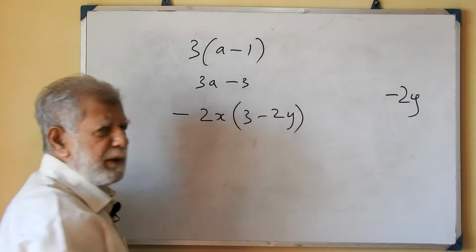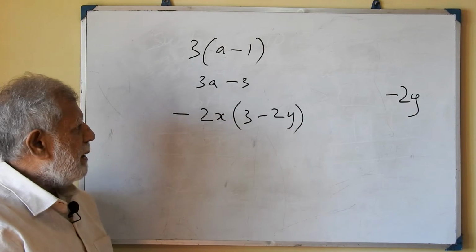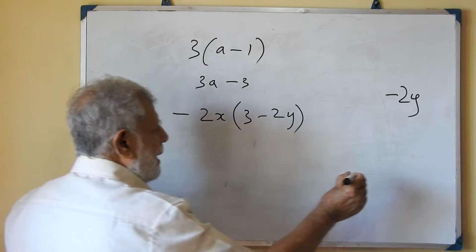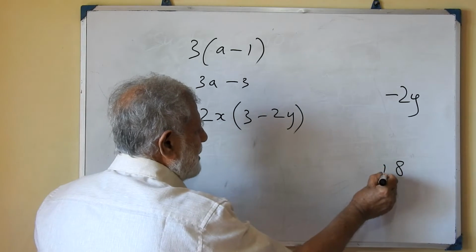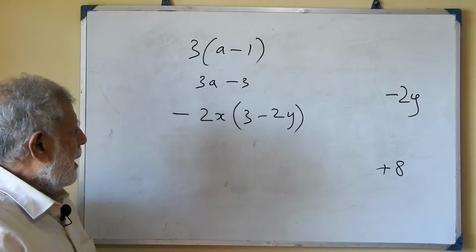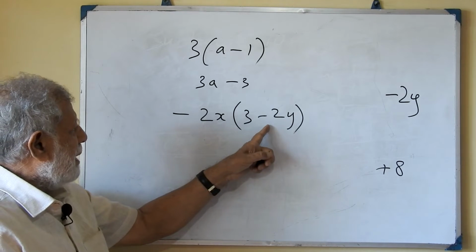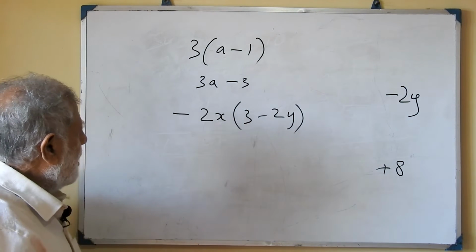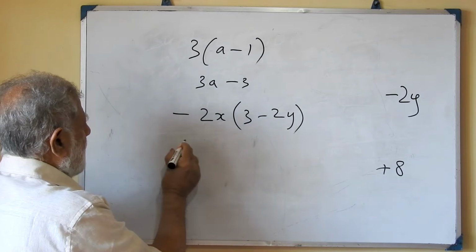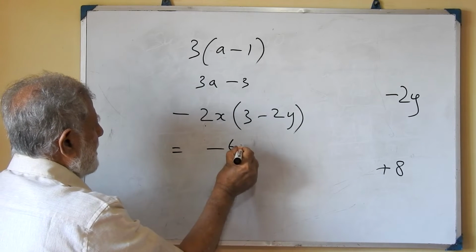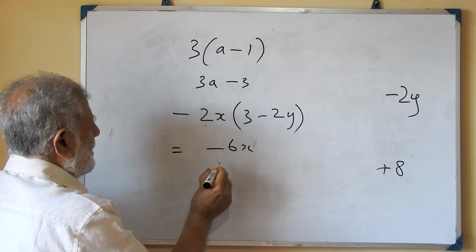The sign is always written in front. Many children are confused about where it is written, but the sign is always in front. If we write the number 8, there is a plus sign there, but we don't write the plus at the beginning. So what is the sign for 2y? Minus. And what is the sign for 3? Plus, so we don't write it. Now we multiply: 2 into 3 is 6, minus 6x.